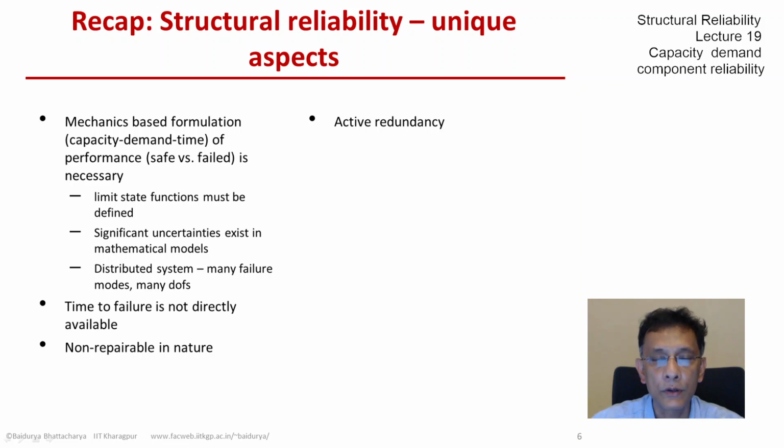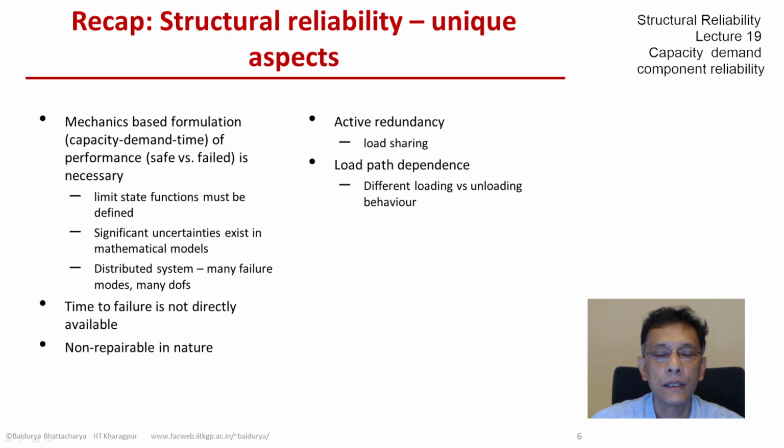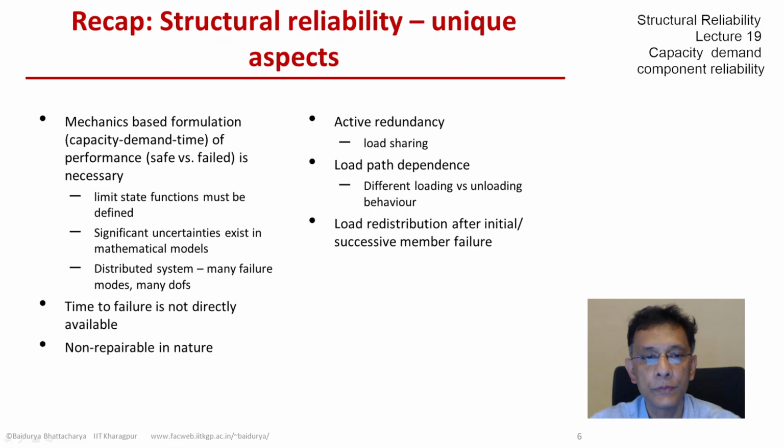Our structures are actively redundant in nature because of load sharing, and then there is load path dependence, one of which manifests as different loading and unloading behavior. There is load redistribution because of this active load sharing aspect. There's load redistribution after initial or successive element failures.